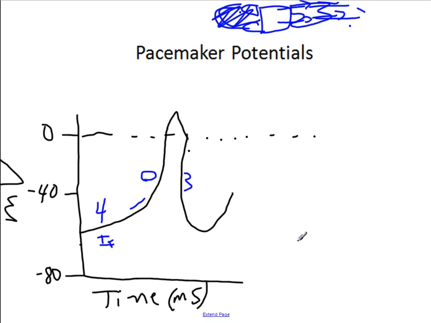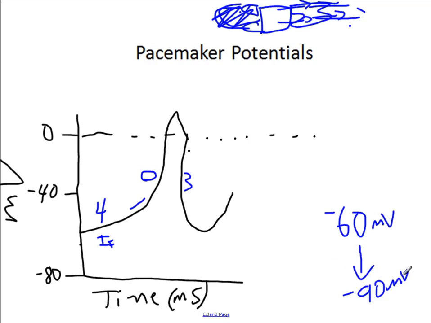Now, we could say that the resting membrane potential of the autorhythmic cells of the heart is about negative 60 millivolts. Now, being that these autorhythmic cells typically don't drop down to a resting membrane potential of negative 90 millivolts, that prevents these fast sodium channels from opening at all.